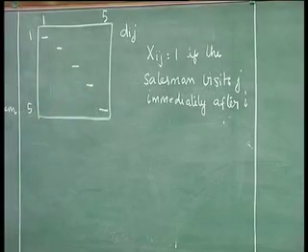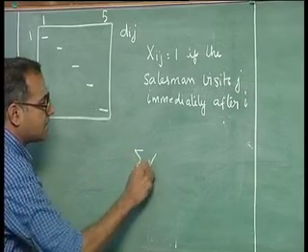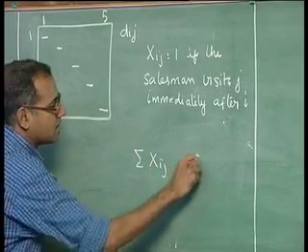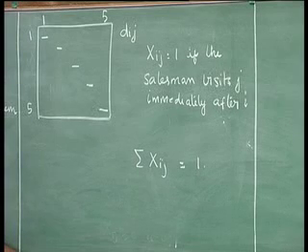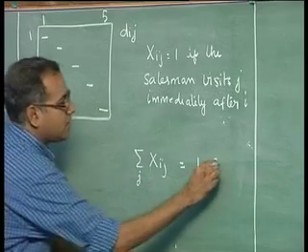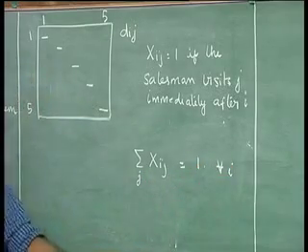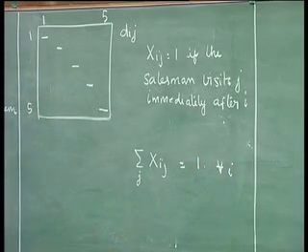A person has to leave each city once. So sigma xij equal to 1, right? From every i he has to leave. So summed over j equal to 1 for every i. Person has to enter every city.